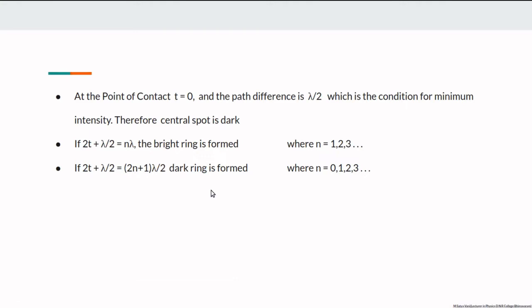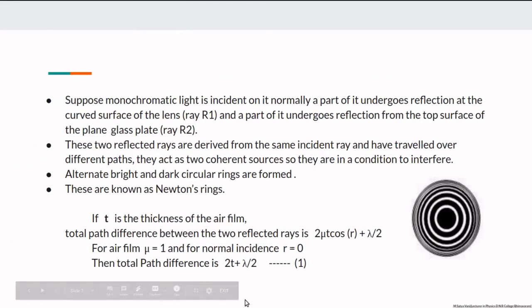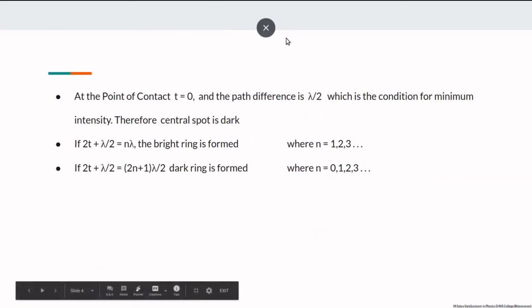At the point of contact, that means when the convex lens touches the glass plate, there is no air film, so the thickness is 0. Then the path difference becomes 2 into 0 plus lambda by 2, that is equal to lambda by 2.